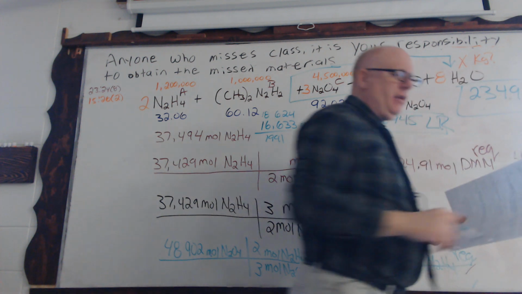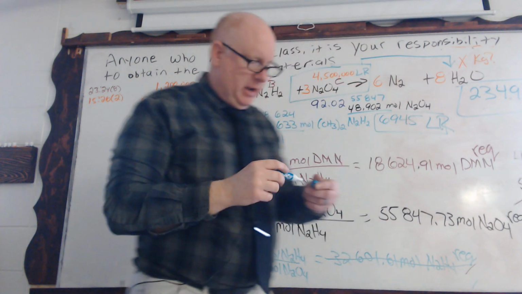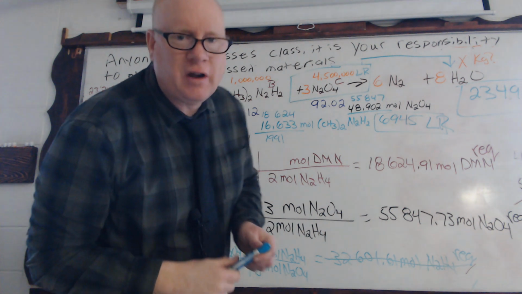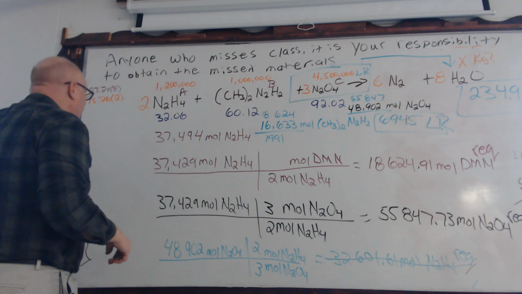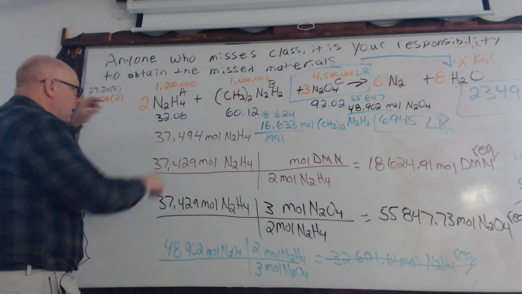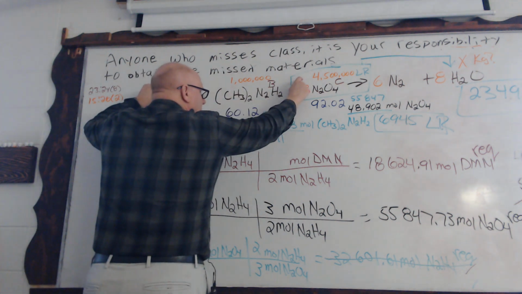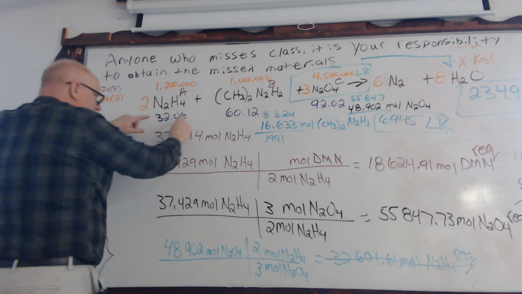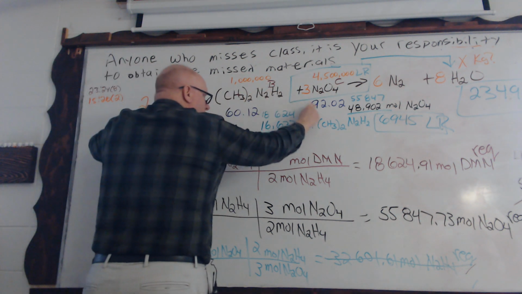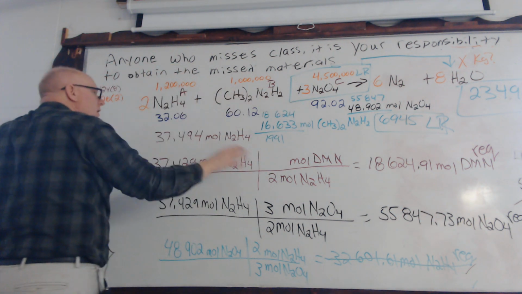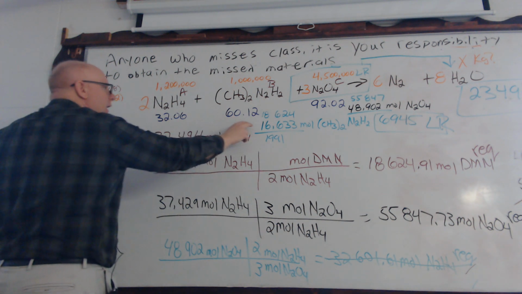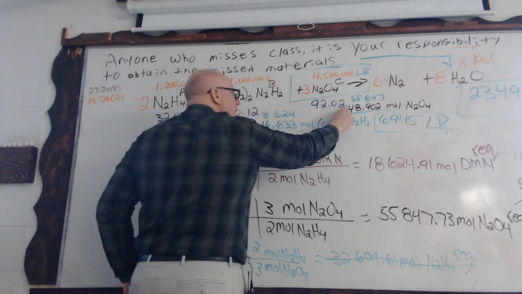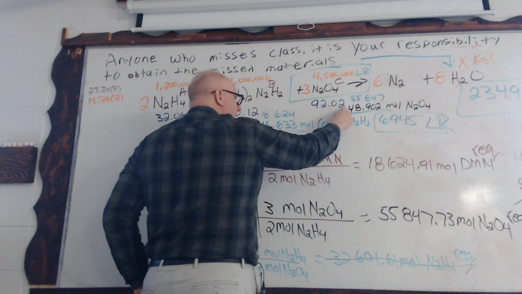Now, rather than going through each and every step, we tried to shorten this because this is already 11 minutes. To summarize, these orange numbers are the grams that you have. These purple numbers are the molar mass of each substance. This number here and here and here is how much you actually had.